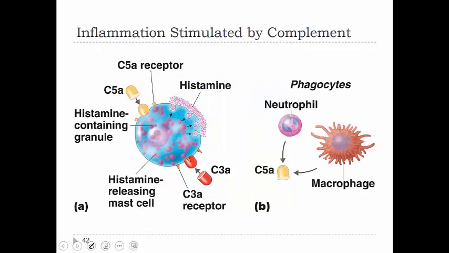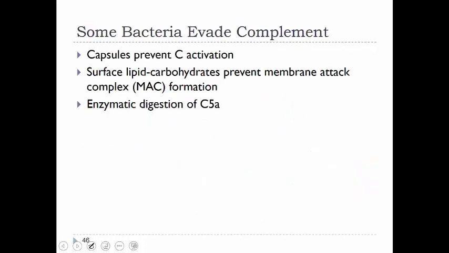Here is how C5a and C3a bind to histamine-releasing mast cells and actually cause them to release histamine. We also have C5a, again, recruiting macrophages and neutrophils or phagocytotic cells to come into that location.